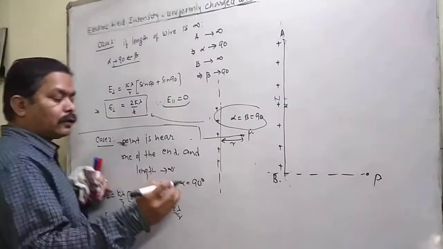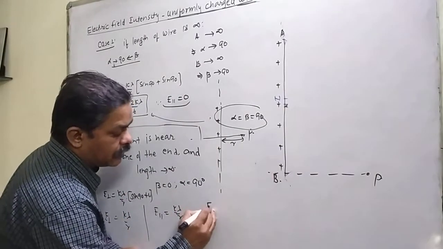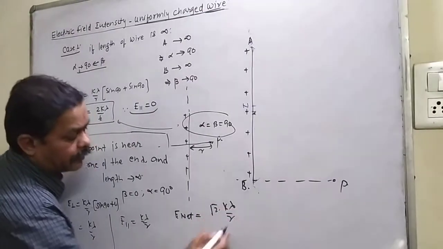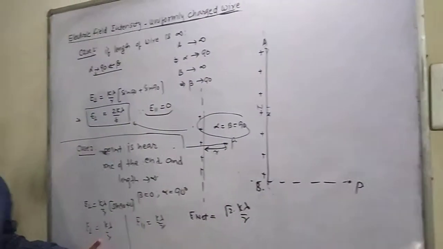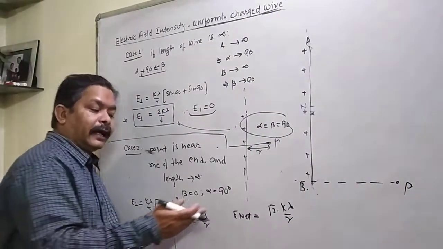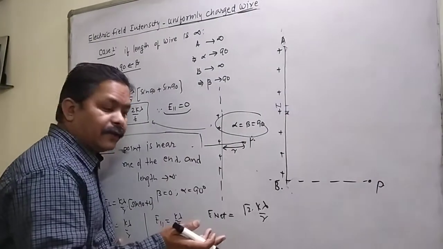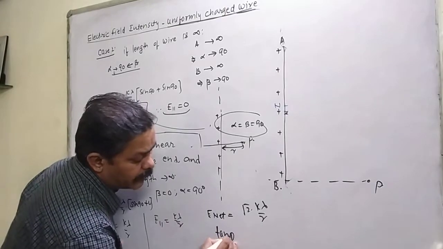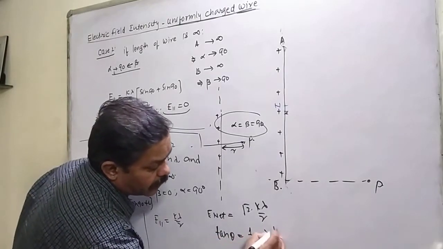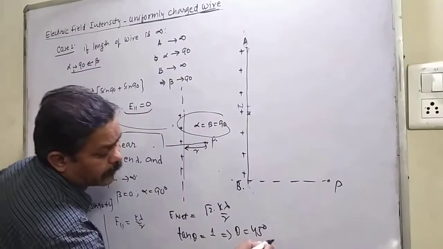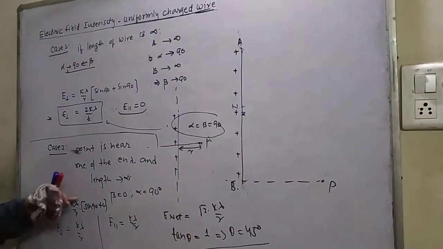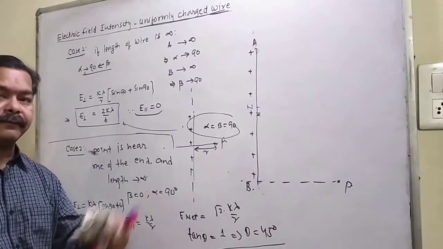So our E net electric field will be root 2 times k lambda upon r, because these two components have the same magnitude and the angle is 45 degrees. And what about theta? Tan theta is perpendicular upon base, which becomes 1, so theta comes out to be 45 degrees. This is the case when the point P is near one of the ends.